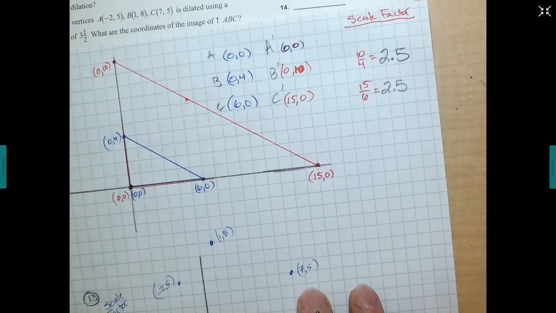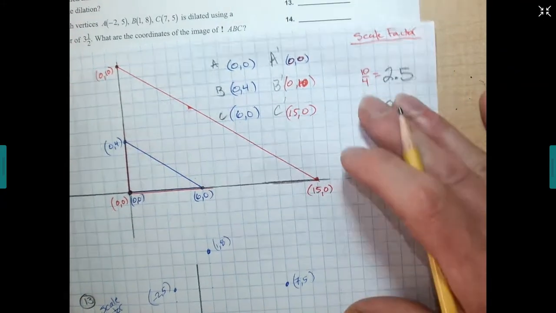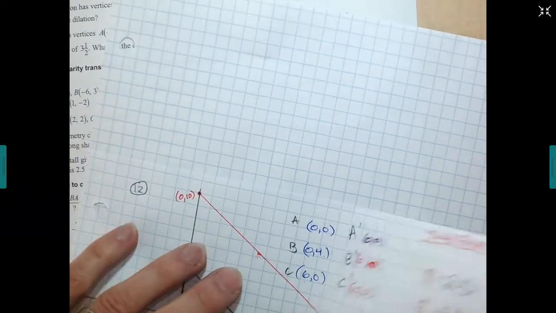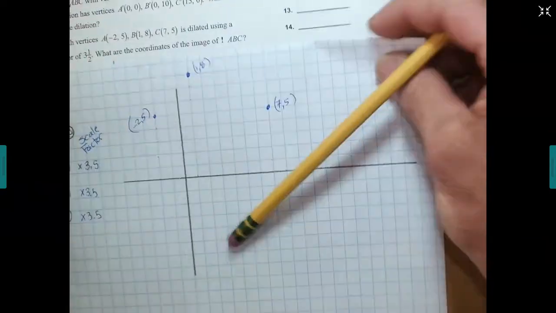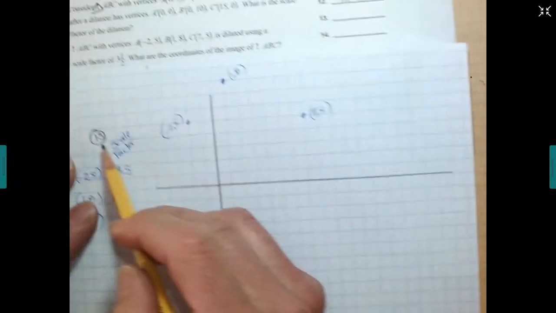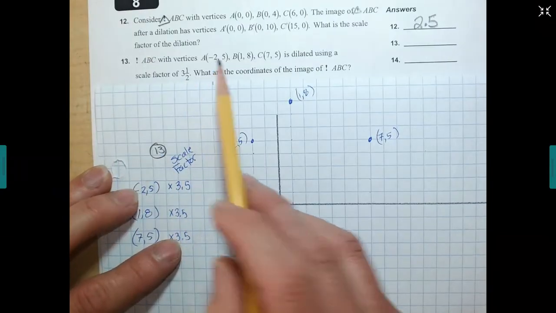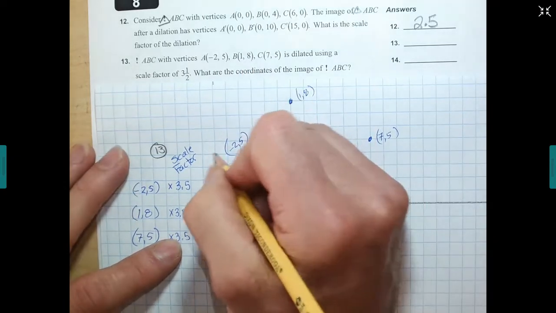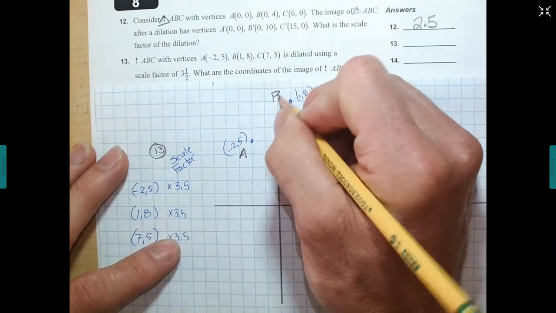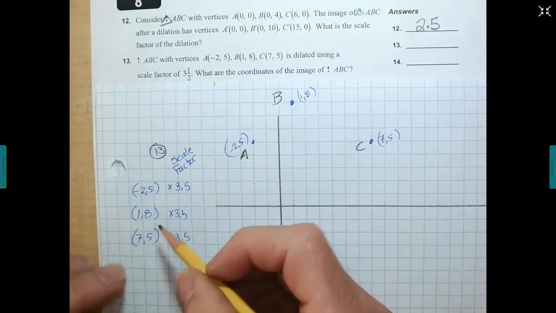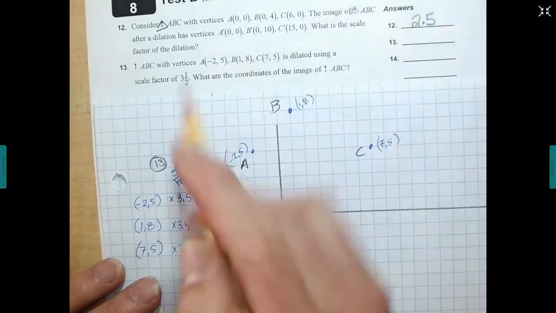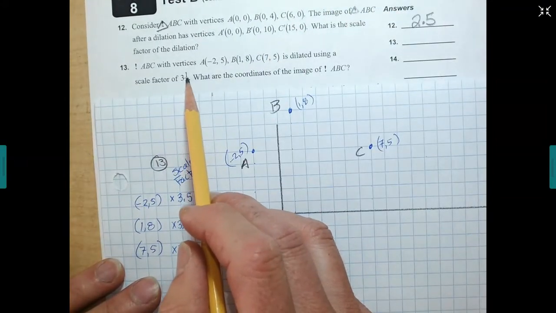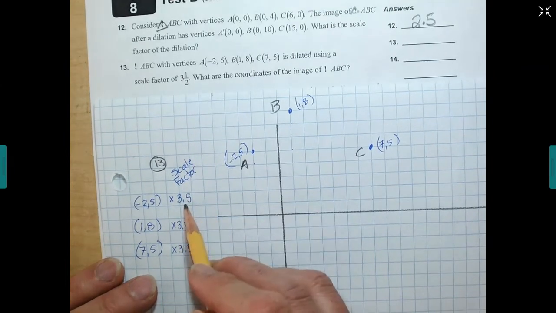All right. The next one, number 13. Number 13, we have -2.5, 1.8, and 7.5. So that's A, B, C. And it says we have a scale factor of 3.5, right? 3.5 is the same as 3.5.